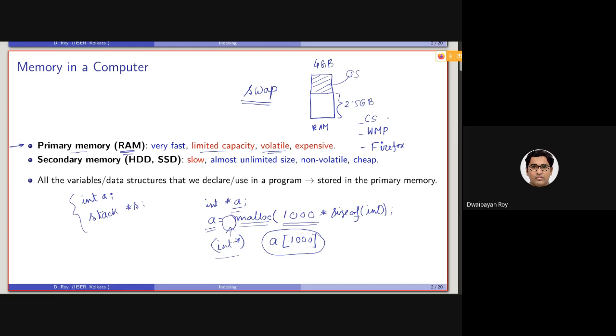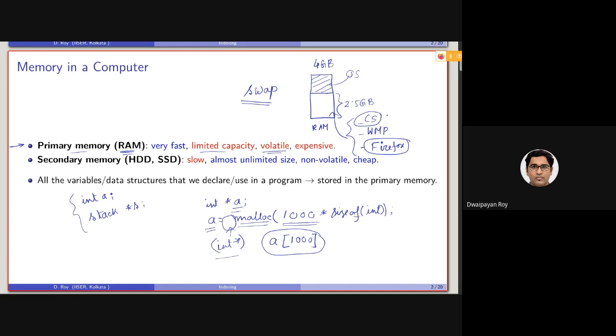Now, all this is taking up the memory here. The obvious question is, we know Counter-Strike or Firefox can take a lot of memory. Of course, Winamp is a very lightweight software, so I'm not considering it for this example.